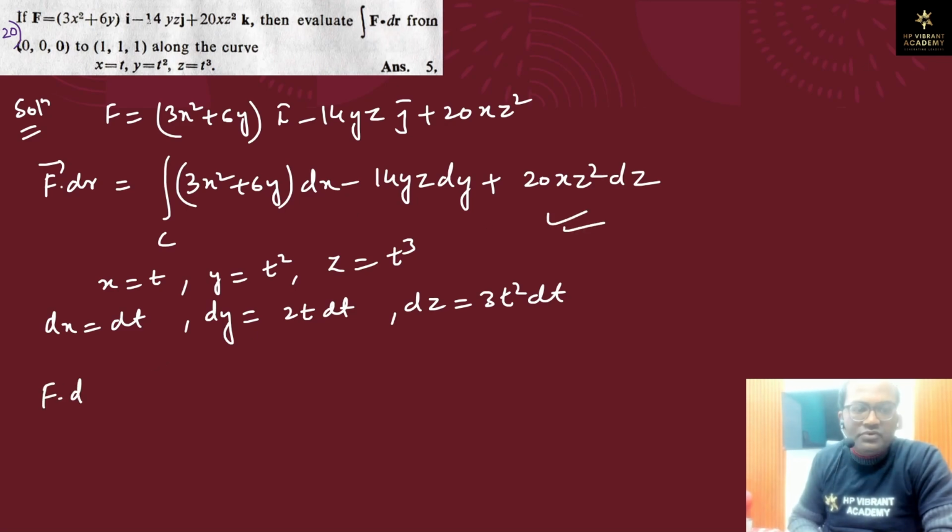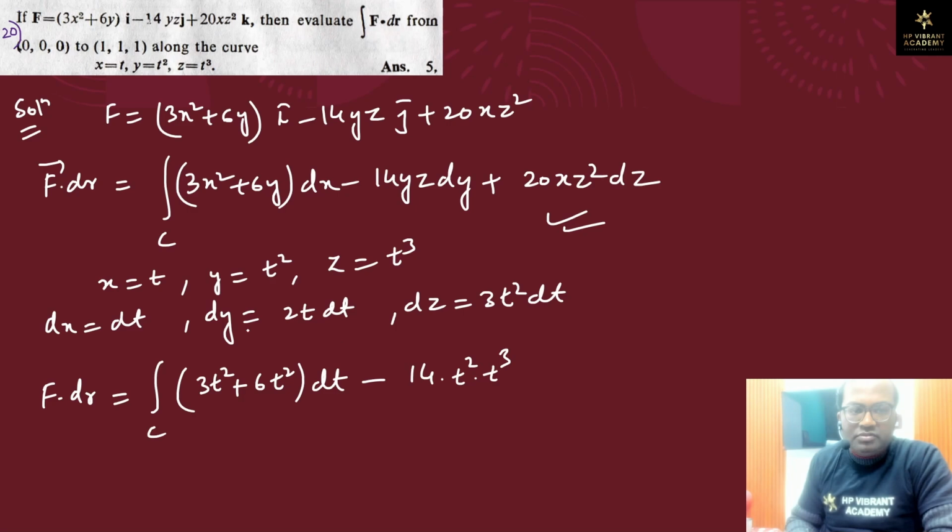So we have F dot dr along the curve C. So this is 3t square plus 6t square into dx, which is dt, minus 14 into the value of y, which is t square, into z, which is t cube, into dy, which is 2t dt. Plus 20 into xz square, 20 into t into z square, which is t to the power 6, into dz, which is 3t square dt. Now let us further simplify this.